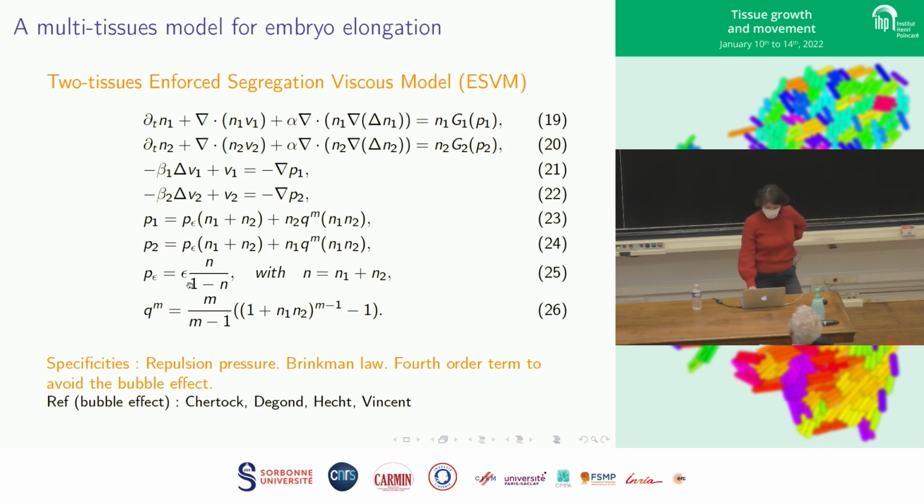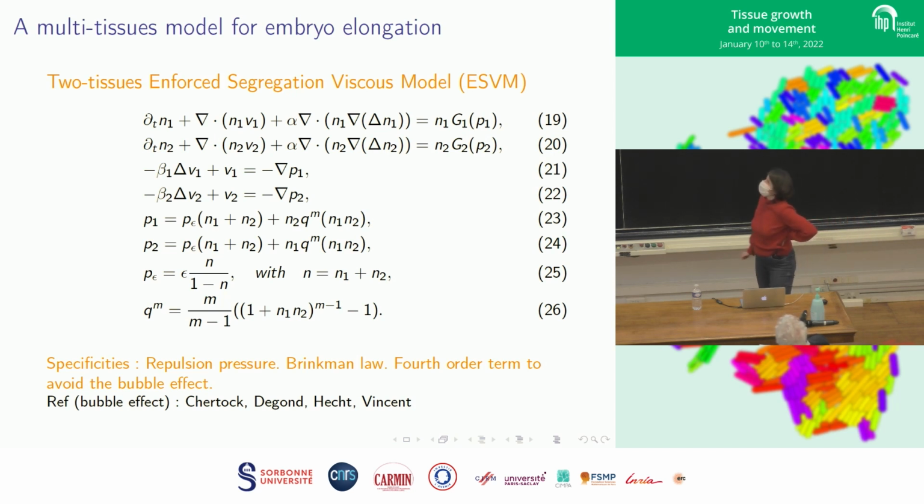So what's in this model? Again, you have an equation for n1 and n2, the velocities v1, v2 with the Brinkman law, or Darcy form of Brinkman law, the pressure with congestion, and also with segregation, with repulsion. And we added these quite ugly fourth order terms that are necessary to avoid bubble effects.